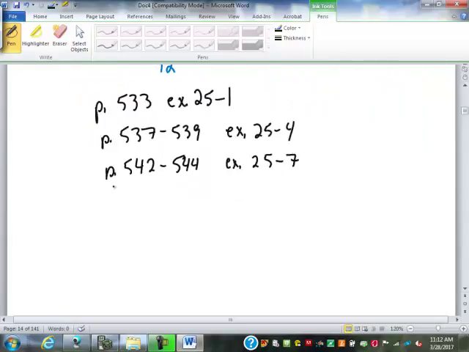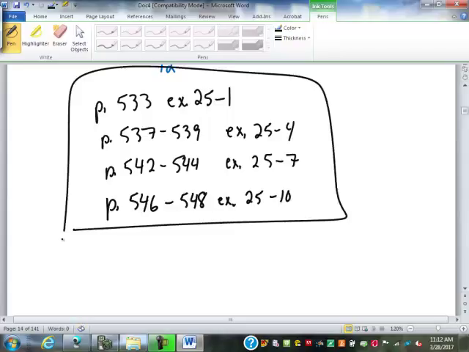And finally, page 546 through 548, exercise 25-10. Let you guys have the last 8 minutes to get started.